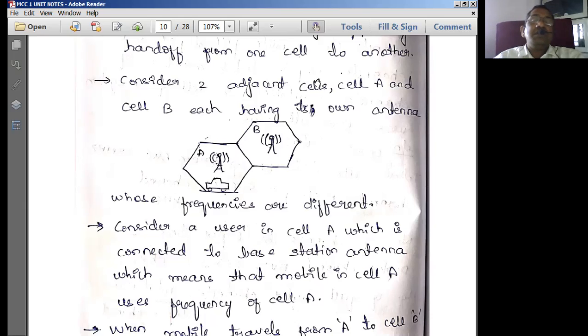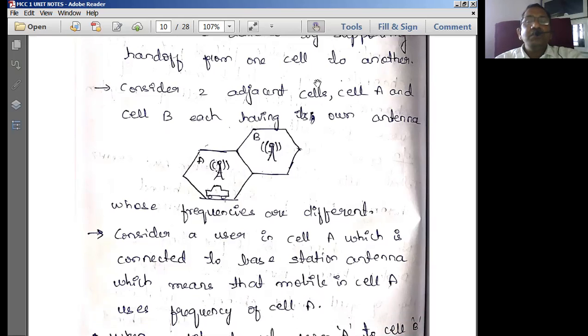The destination mobile is just sitting adjacent to you, but even then the call should go all the way around. This is the drawback. A lot of processing is involved even though the destination mobile unit is nearby. That is one of the drawbacks of this type of architecture, known as the 2G architecture. But anyway, it is working fine, and people have been using this architecture for so long.